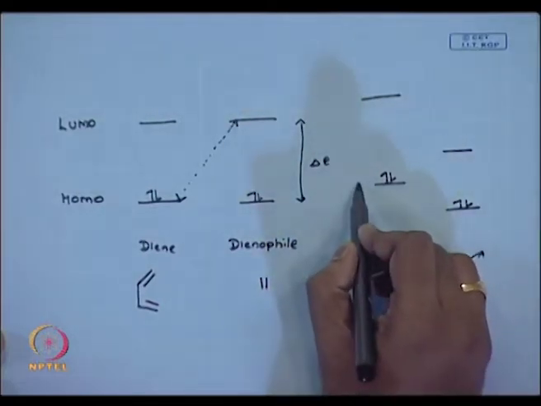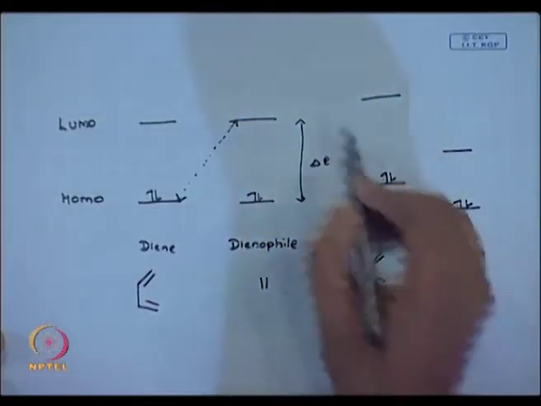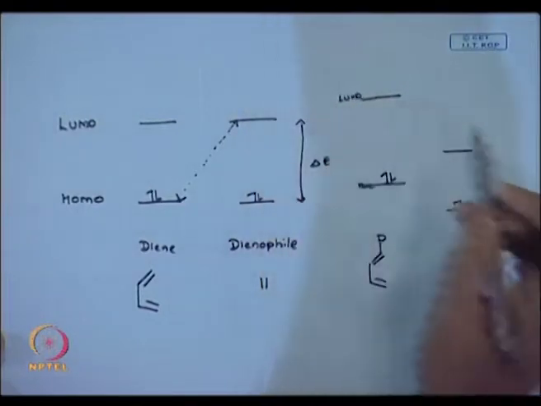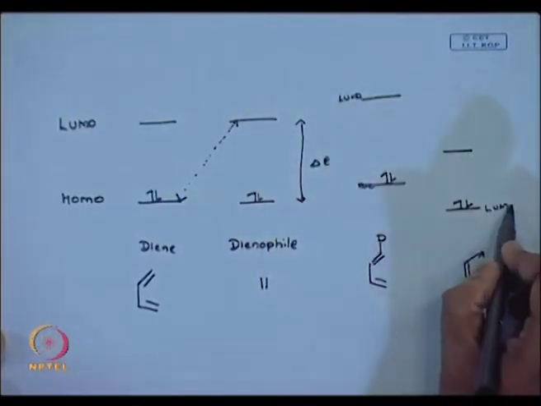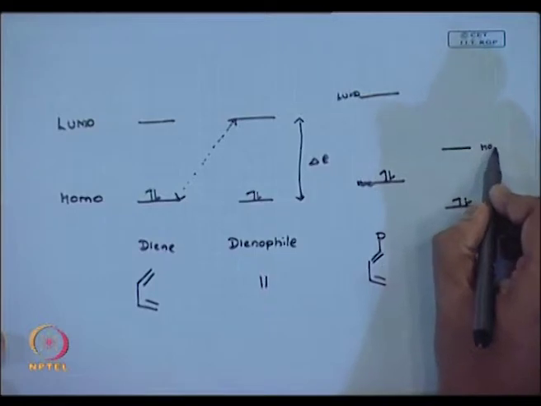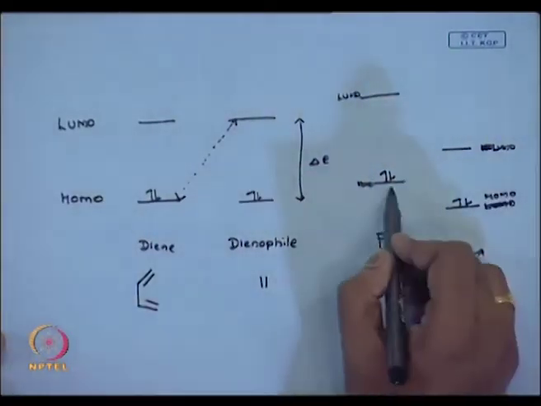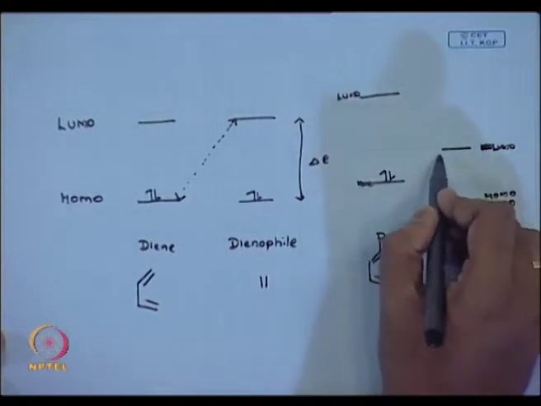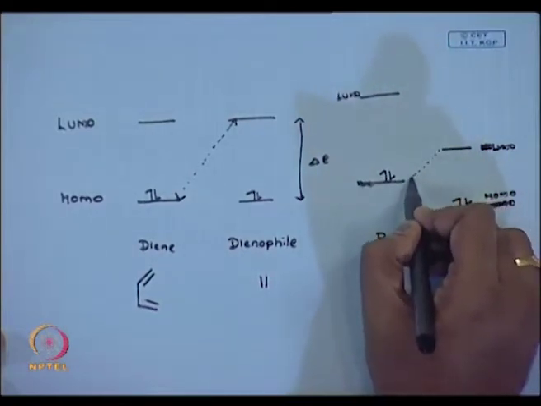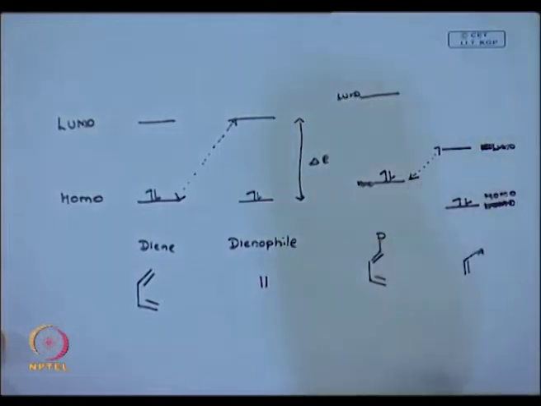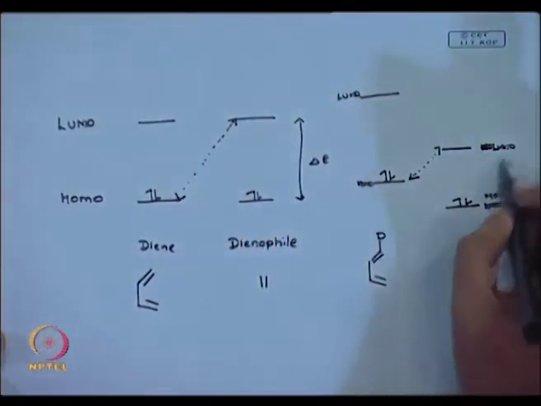So, this is your LUMO and this is your HOMO. Now, you are talking about the HOMO and the LUMO, right. You see now the energy difference. In this case, this is your delta E.